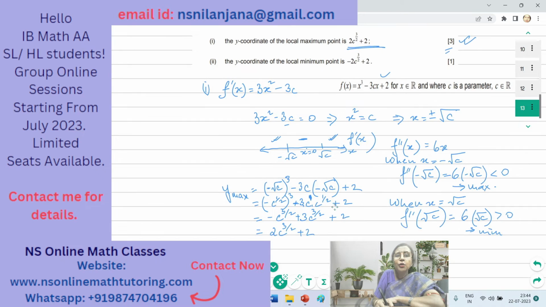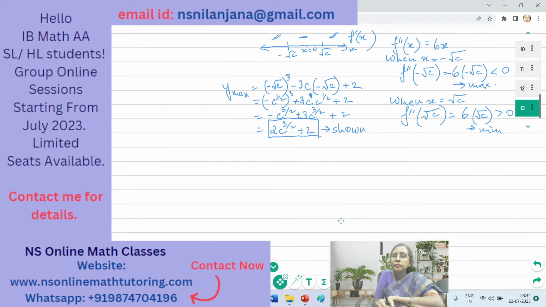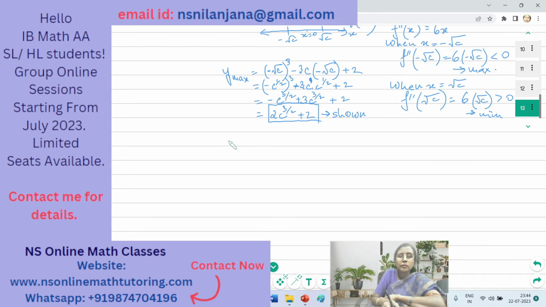So we have shown that. And for y min, in place of negative root c, we will write positive root c. That is the only difference.